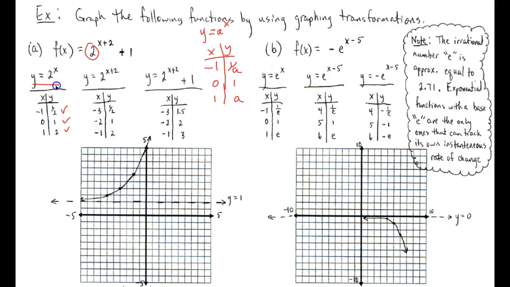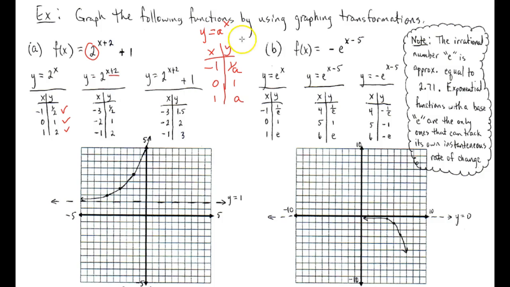Now that we've established what the base function is, we have to figure out what happened to that base function in order to get what the graph of 2 raised to the x plus 2, plus 1 is going to look like. The x plus 2 here signifies a horizontal shift to the left 2 units.